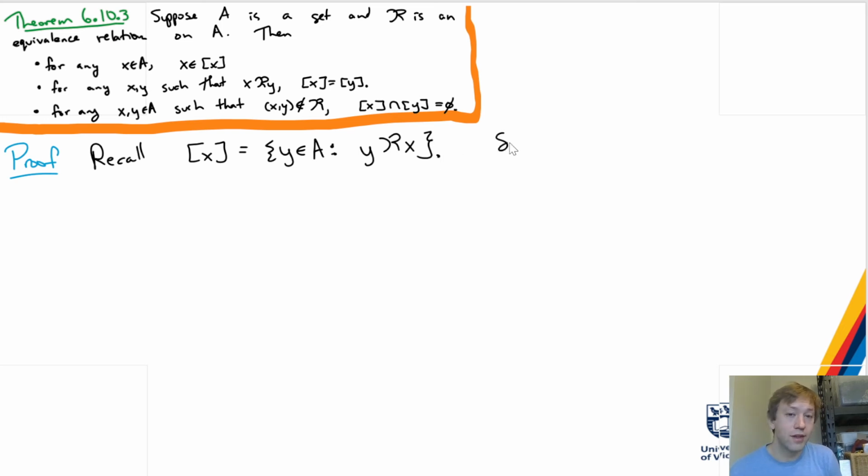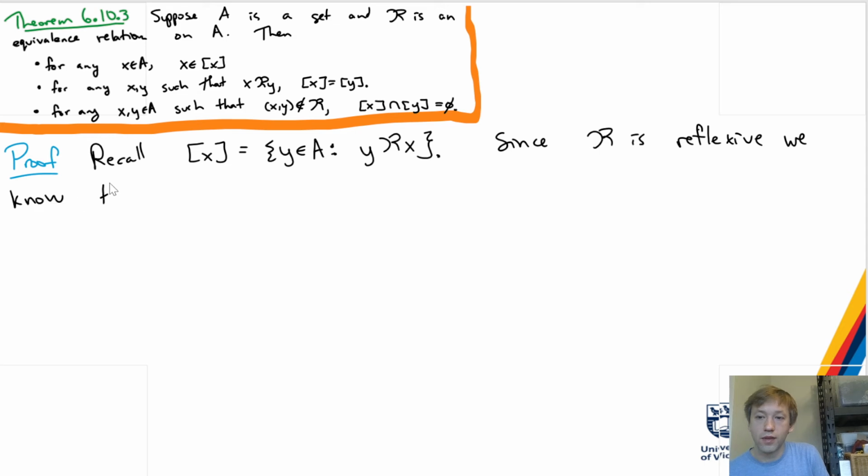Now, since R is reflexive, we know that x is related to itself.